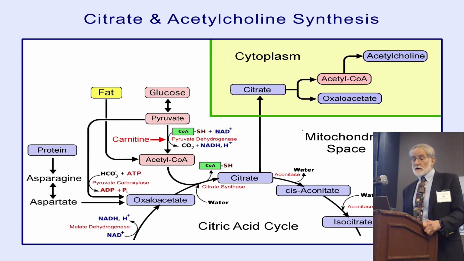So again, if the asparagine is increased, it's another sign that the oxalacetate is not being converted into citrate. And indeed, when we measure citrate, which leaves the mitochondria, goes into the cytoplasm, and eventually goes into the blood, it is low, as evidence of the reduced function of the citric acid cycle.